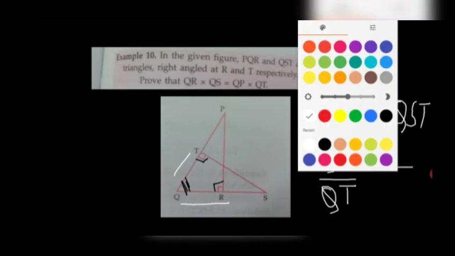So I can write something like this: QR by QT. Sorry, I wrote this wrong. This side is wrong. Let me correct this.